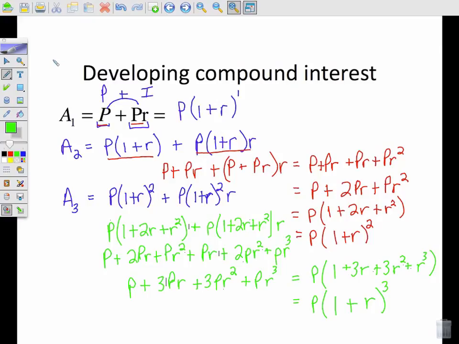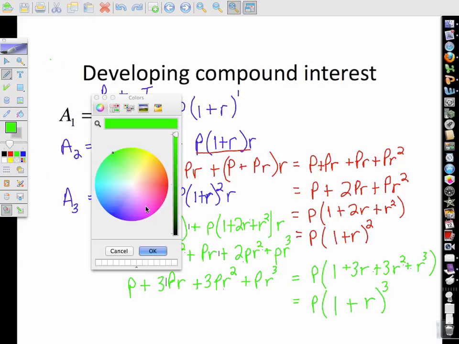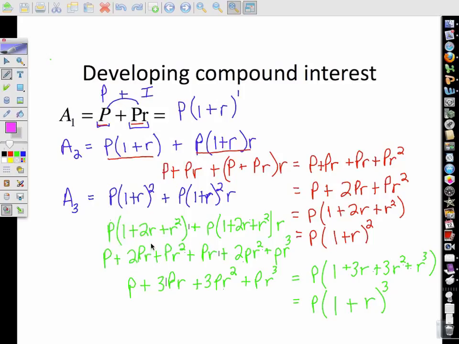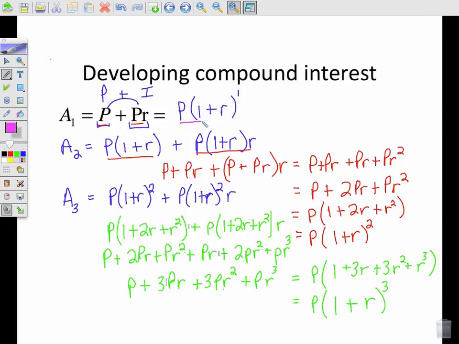I just want you to take a second now and let's look at how all of this fits together. P times 1 plus R to the first, that's the first year. P times 1 plus R to the second, that's the second year. P times 1 plus R to the third, that's the third year.